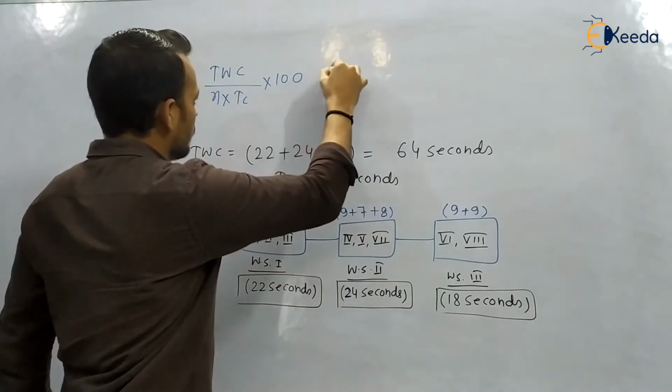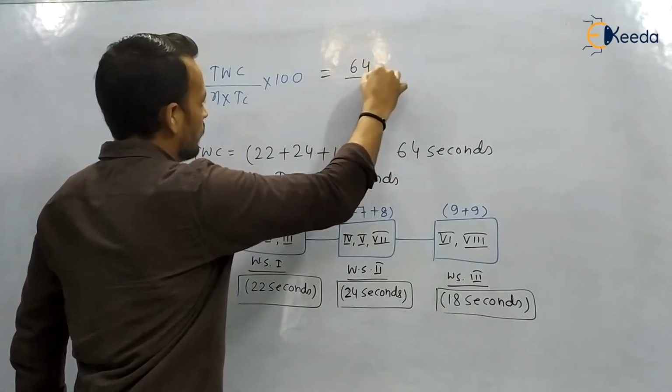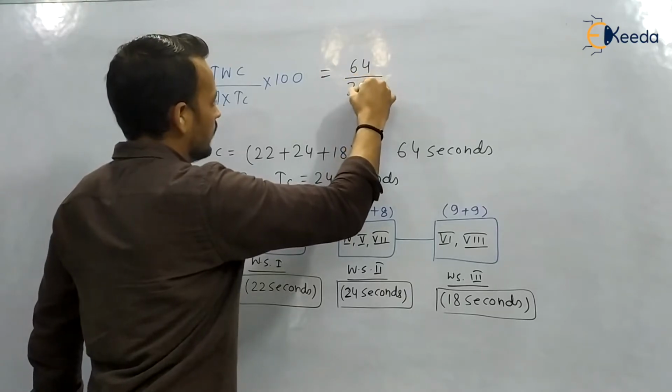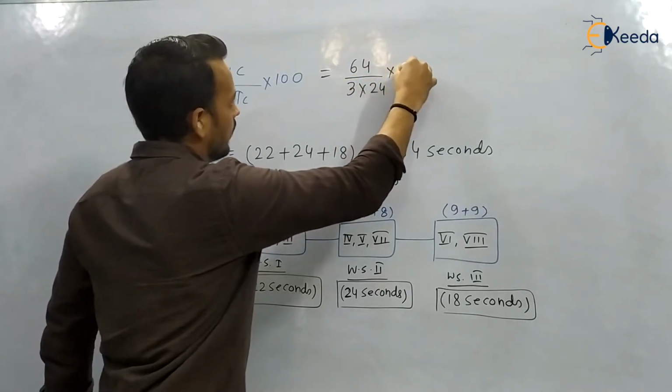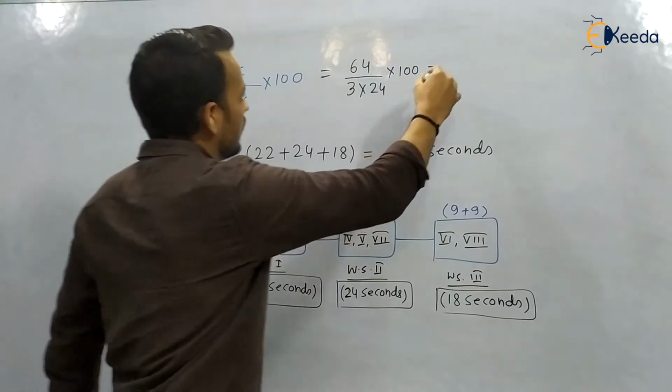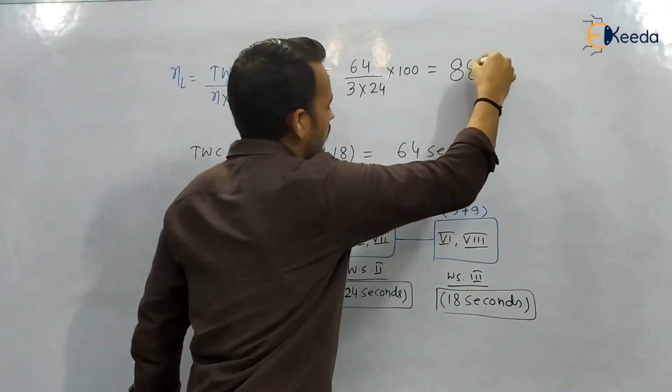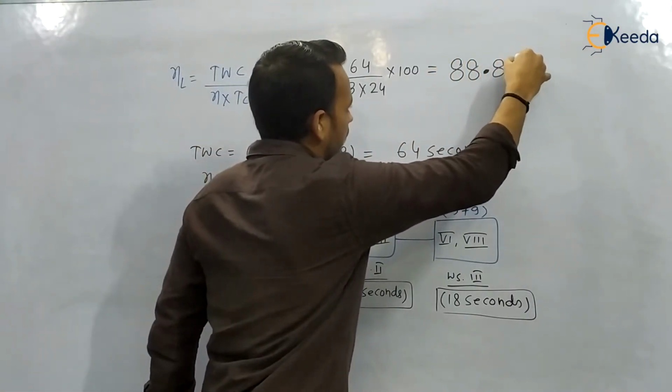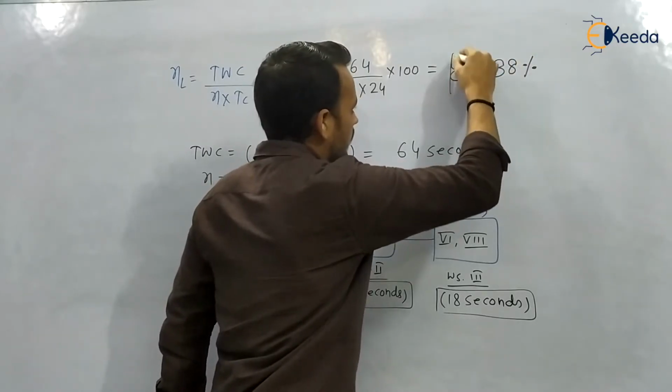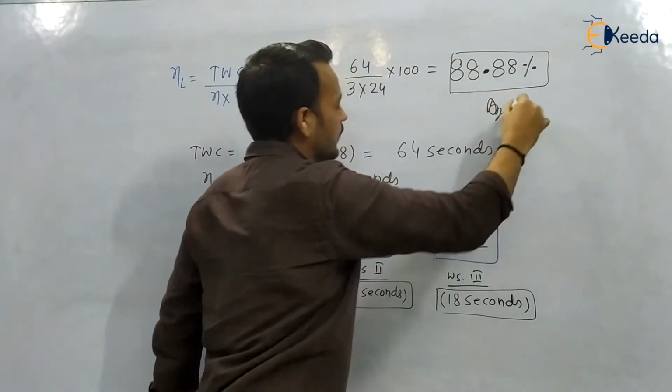So put the values: TWC 64 upon 3 into 24 into 100. After solving it, you will get 88.88%. This is the answer.